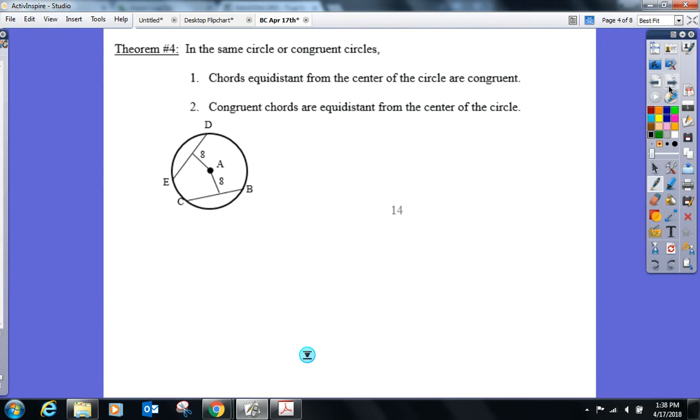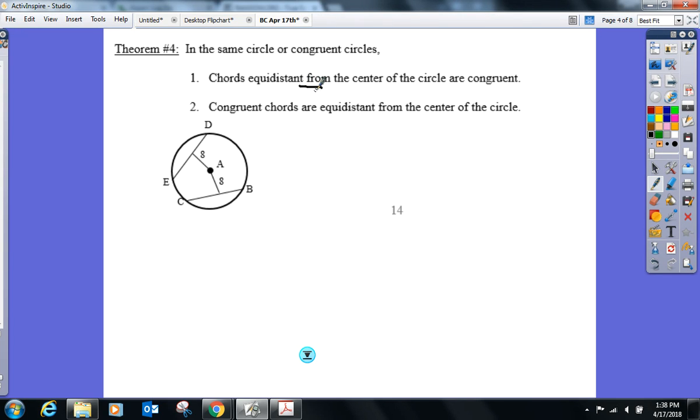Last one for today. Chords and how far they are away from the center of the circle. If you have two chords that are the same distance from the center, those chords have to be congruent. Okay? Two chords, same distance from the center, have to be congruent.